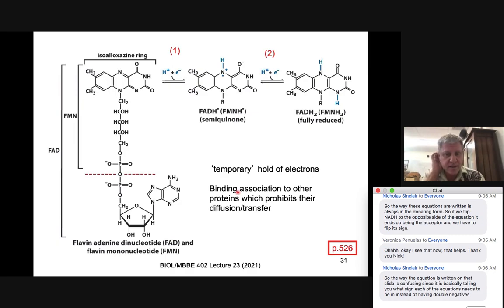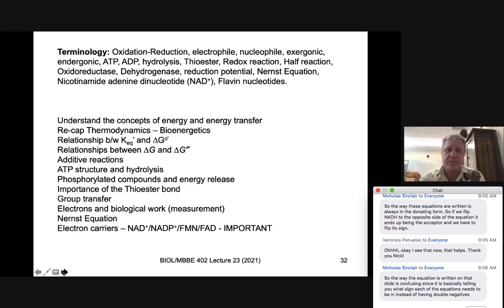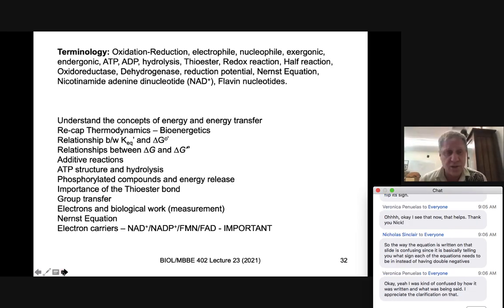So we're going to see these guys have their capacity to bind and associate with other proteins, which may also regulate, control their transfer of those electrons, as we'll see in coming lectures. So I want you to just be familiar with some of the terminology that we've talked about today, understand the concepts of free energy and energy transfer, recap the bioenergetics that we understand, the relationship between Keq and delta G prime zero, the relationship between delta G and delta G prime zero also, and additive reactions.